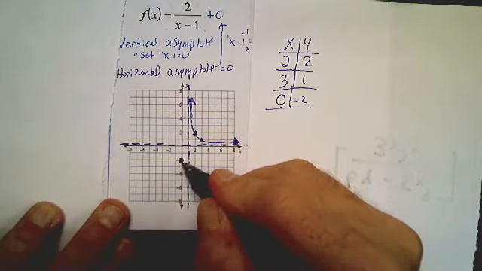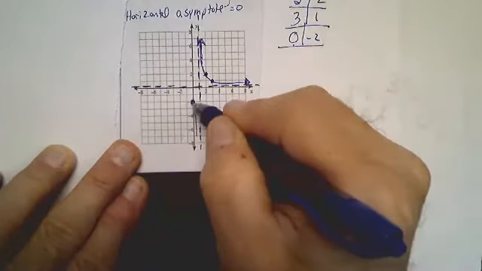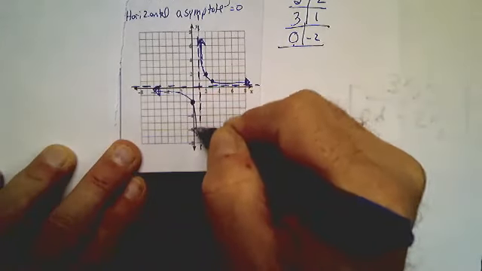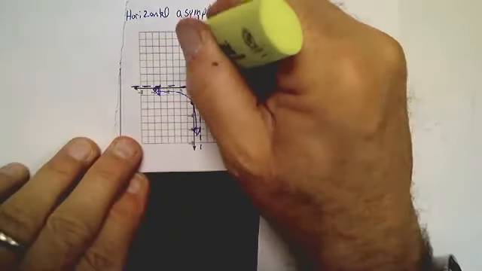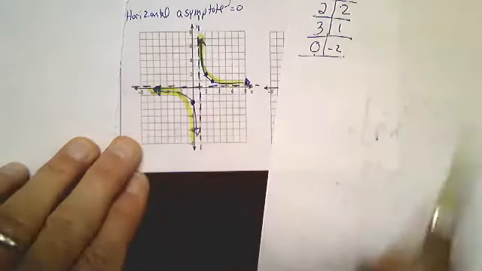And so I know it's got to go through that. That's called the y-intercept. So I bring my line down and then just curve it up. So what did I find? I found 3 points, 3 dots. There's my graph.